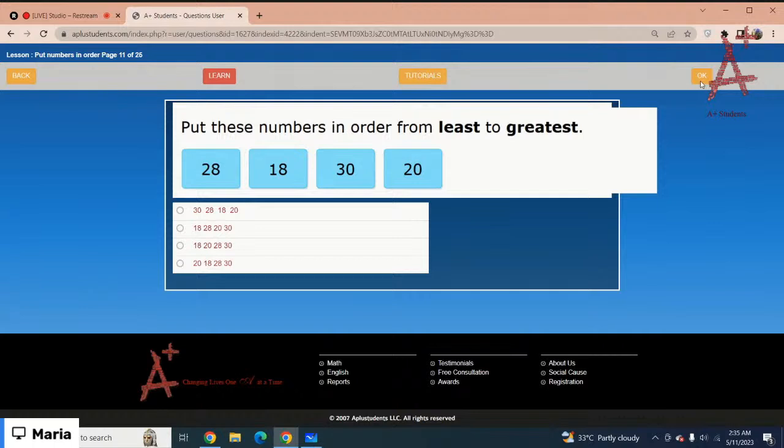It would be 18, 20, 28, and 30. The correct option is 18, 20, 28, and 30.